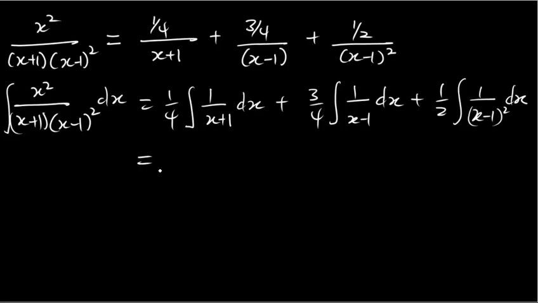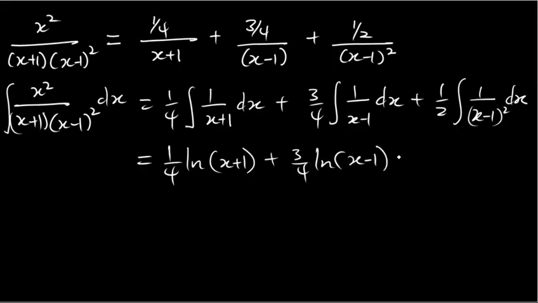So first, here I can say my 1 on 4 ln of x plus 1, plus 3 on 4 ln of x minus 1, plus 1 on 2. This is the same as the integral of x minus 1 to the negative power. Are we good? So if we want to solve this, we have to add 1 to the power and divide through by what?